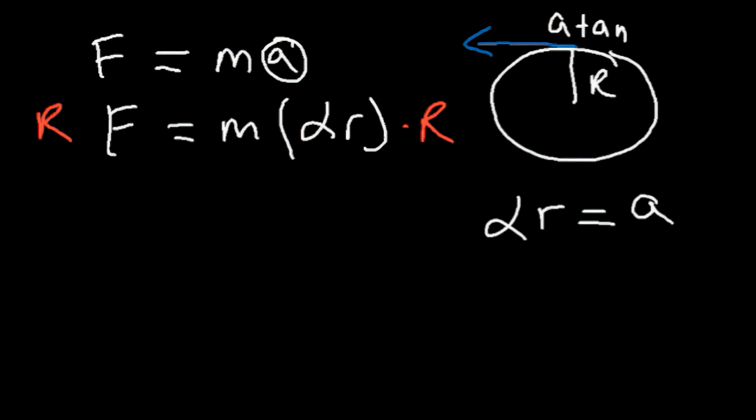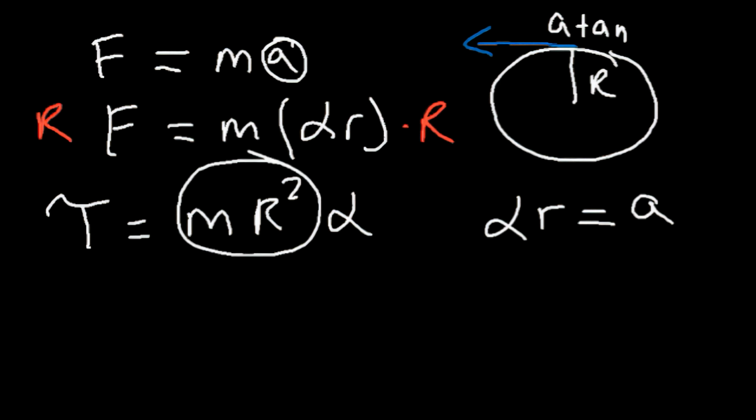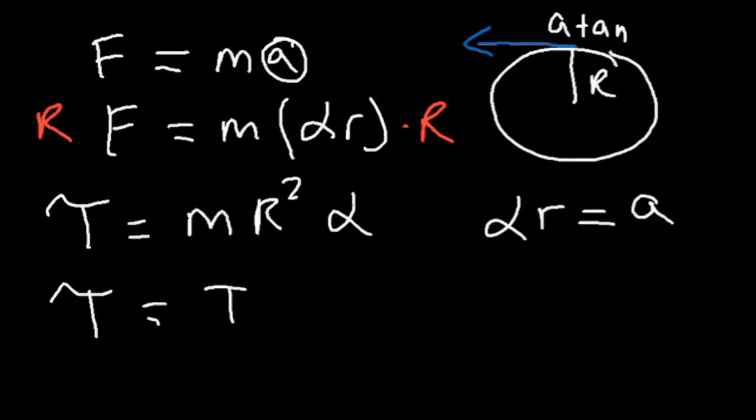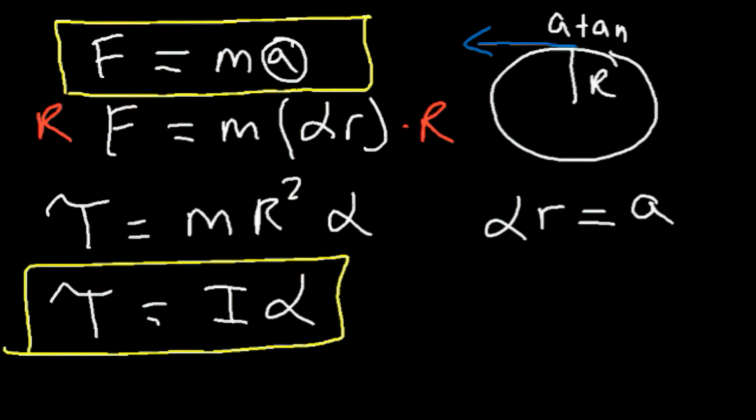F times r is equal to the torque. And then it's going to be m times r squared times alpha. The quantity mr squared is equal to the inertia. So torque is inertia times alpha. Now let's compare these two equations: F equals ma and torque equals inertia times alpha.